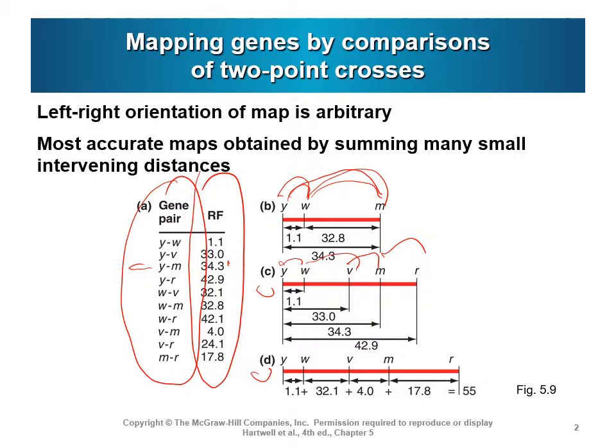However, when we measure those pieces separately, YW is 1.1, YV is 33, YM is 34.3, and YR is 42.9 by direct measurements. So from this, we have to remember that summing up the small pieces is more accurate than looking at the bigger pieces of gene maps.